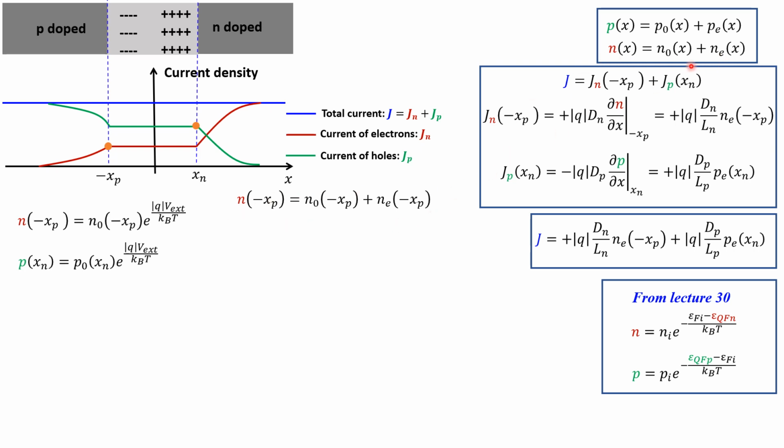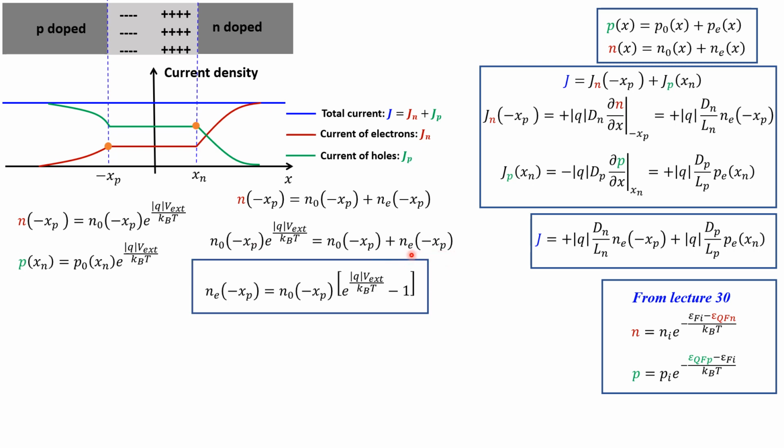Here we have this expression evaluated at the point minus xp, and we have just found that this concentration is given by the concentration in equilibrium times the exponential. So all we need to do is solve this equation for the concentration of excess electrons. We just move this term over here and group the terms, and we end up with this very important expression for the concentration of excess free electrons.